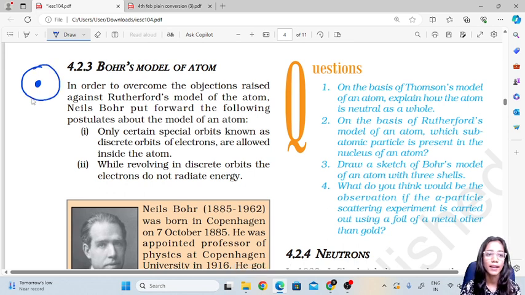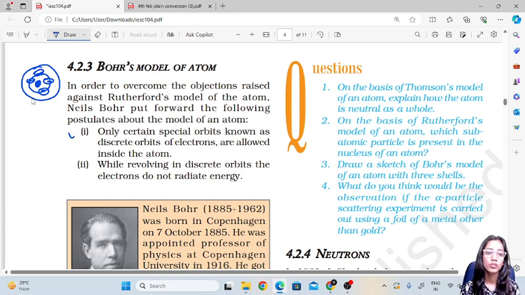He said that electrons revolve around the nucleus in an orbit. Suppose this is a discrete orbit inside the atom, around the nucleus, and electrons are moving in these discrete orbits. So he said that electrons follow a particular orbit, a particular path in which they will revolve.